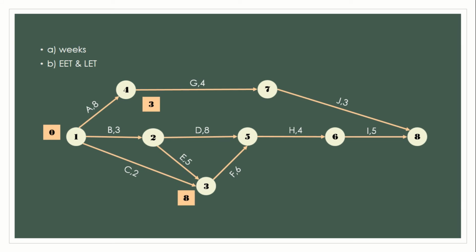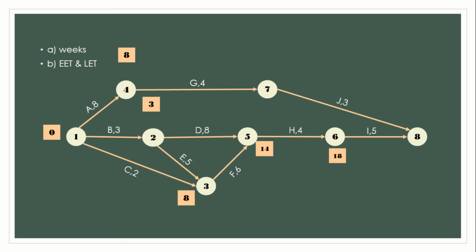Then event 4, we get 8. Event 5, we get 14 because 8 plus 6 is 14. Next, event 6, 14 plus 4, we get 18.